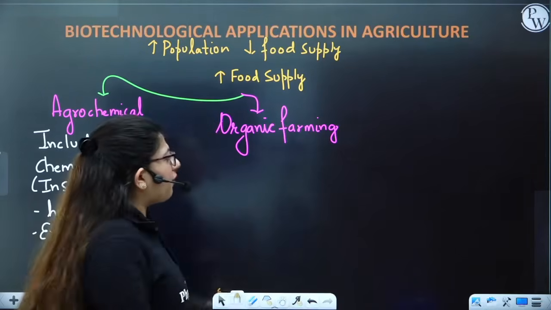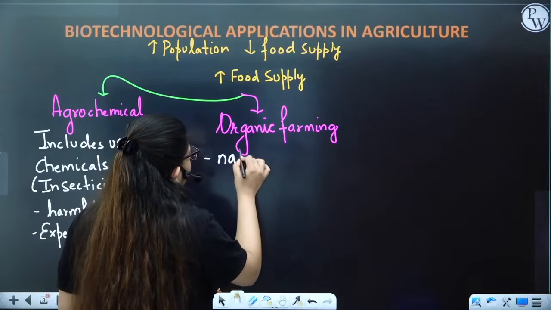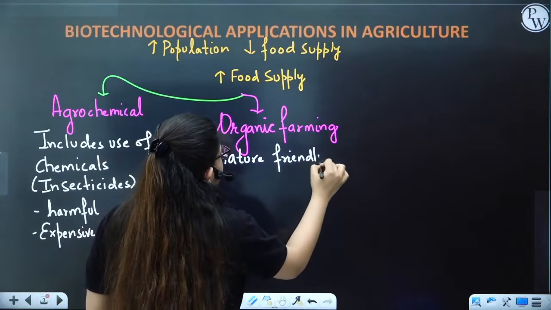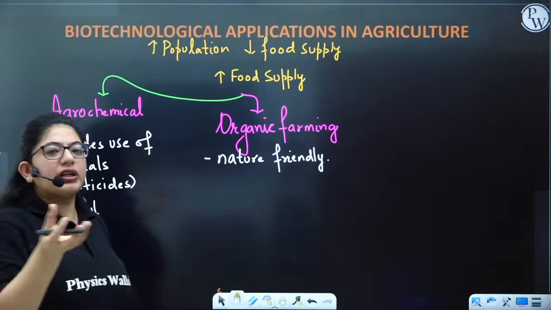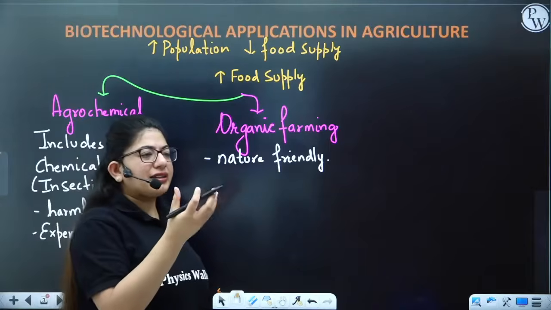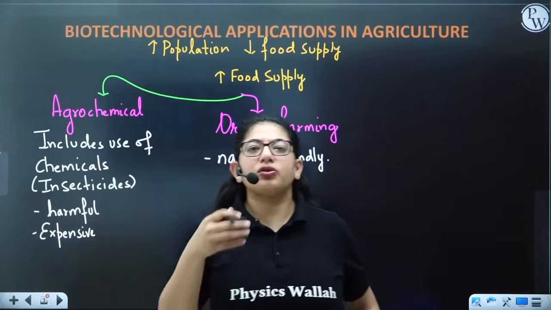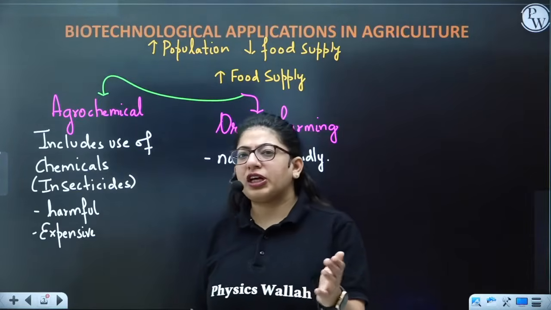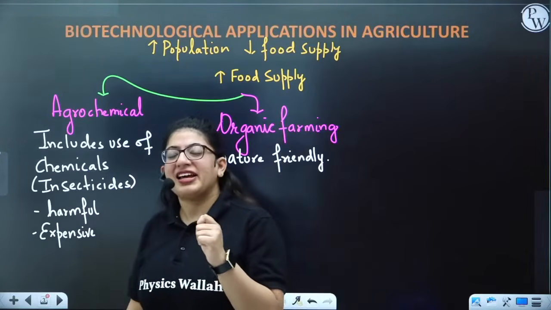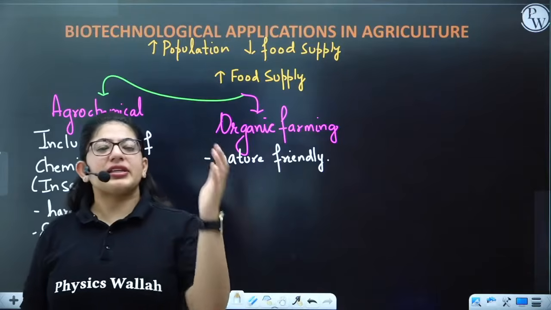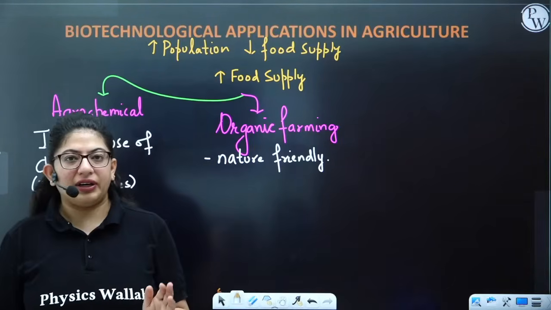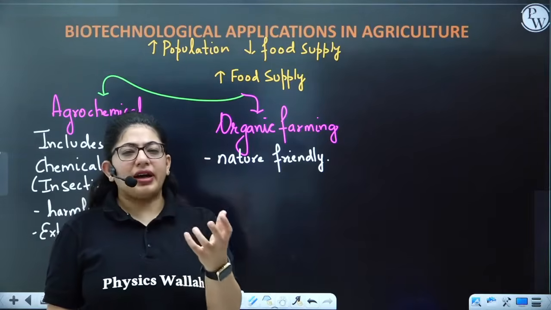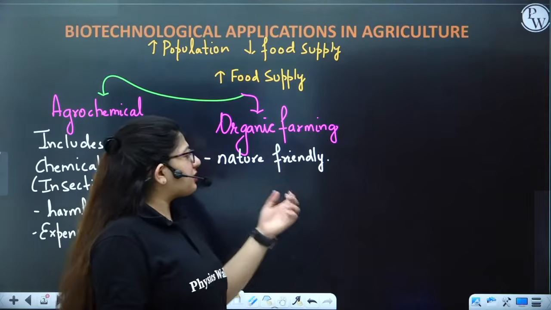How? Whatever you're using to kill the pest and all or to increase the fertility, you're using everything that's natural. For example, you do not use fertilizers, you use manure. You know how manure is formed? If you know, just let me know in the comments. So all these things are nature friendly. Like if you're using insecticide or pesticides, they must have been extracted from some plant. So everything is nature friendly.